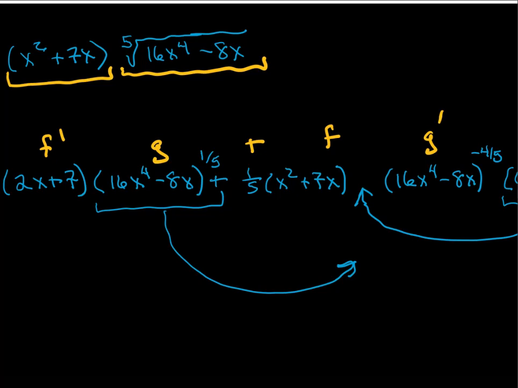Are you okay? Processing? Want to try one on your own here? Or chat with the people next to you while you're working on it? Let's say we have something like this. Well, not y prime. We're going to have to find y prime, aren't we?